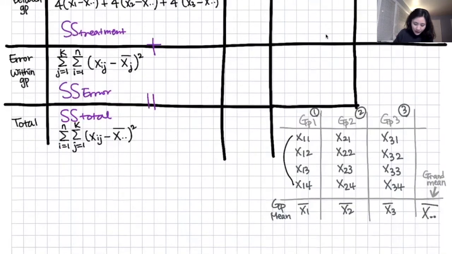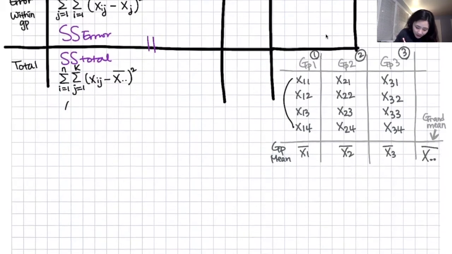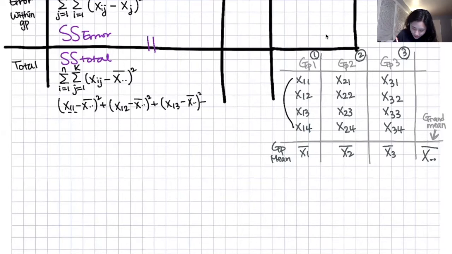So I can write this as x11 minus x dot dot bar squared. First group, first subject. First group, second subject minus grand mean. First group, third subject minus grand mean. First group, fourth subject.